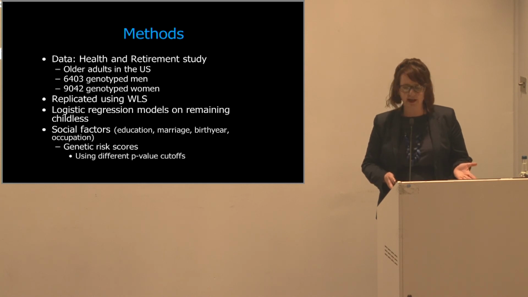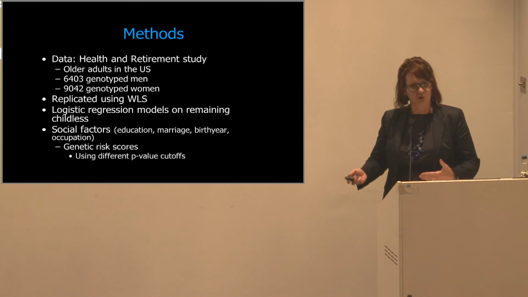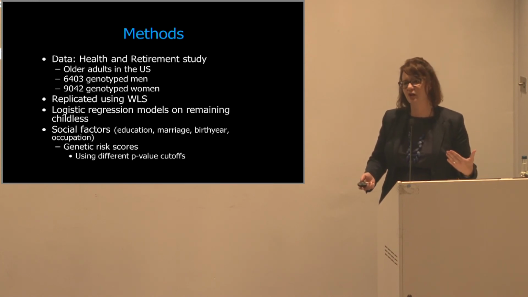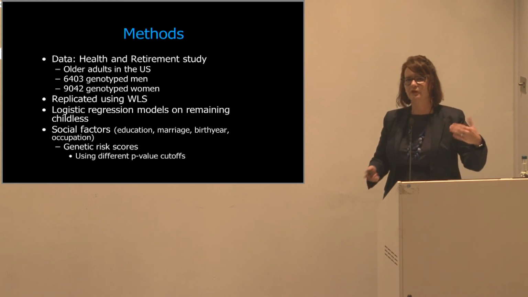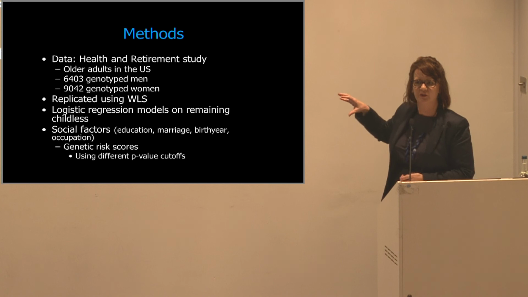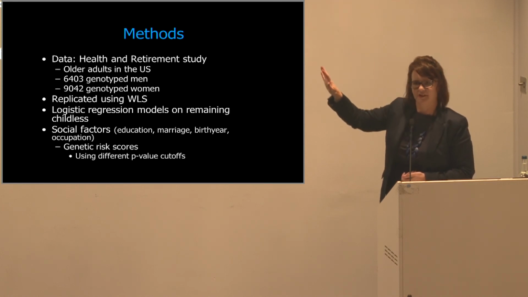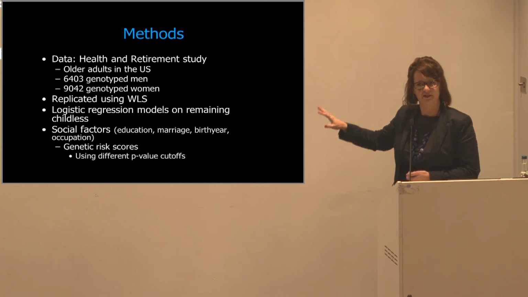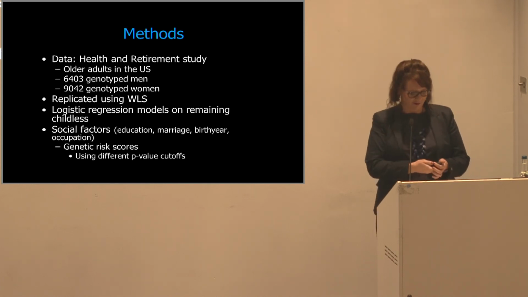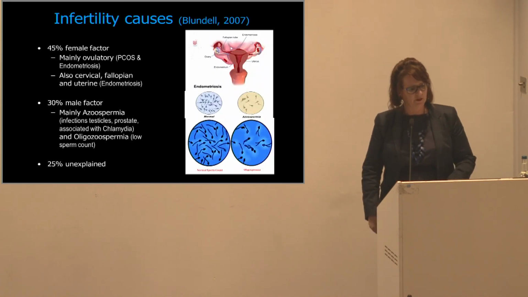And we wanted to look at the relationship between genetic and social factors in predicting childlessness, because we've had an increase in childlessness. It's U-shaped. It used to be very high around the 1900s, and then it was very low. It was around 20%, then around 10% in many societies, and now it's up to around 20% again. So we wanted to look at this across time, across different countries.